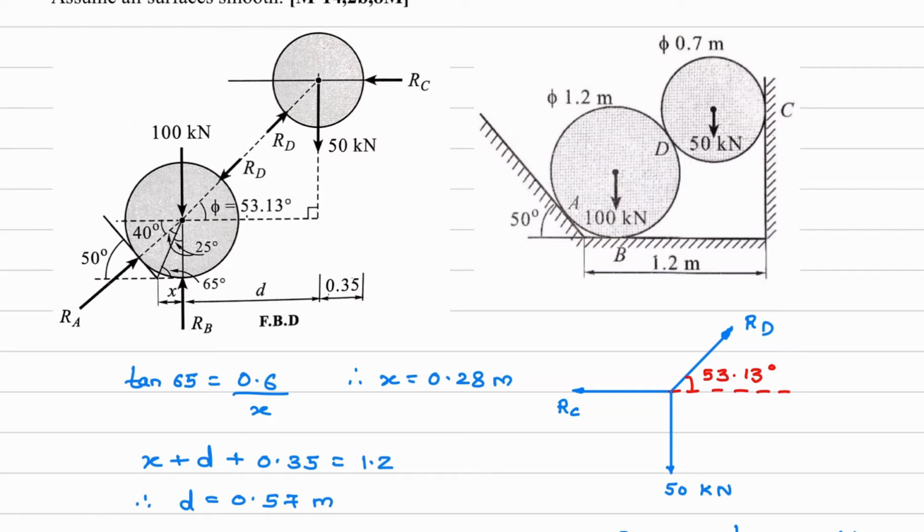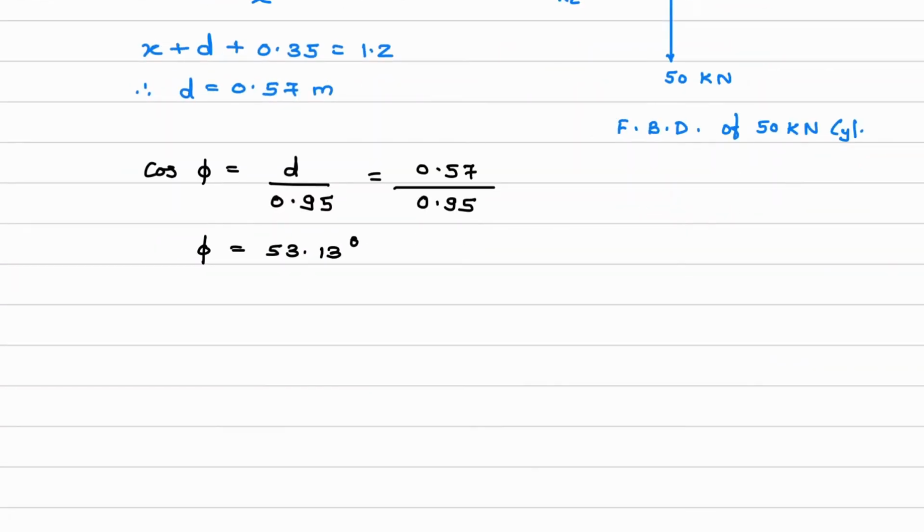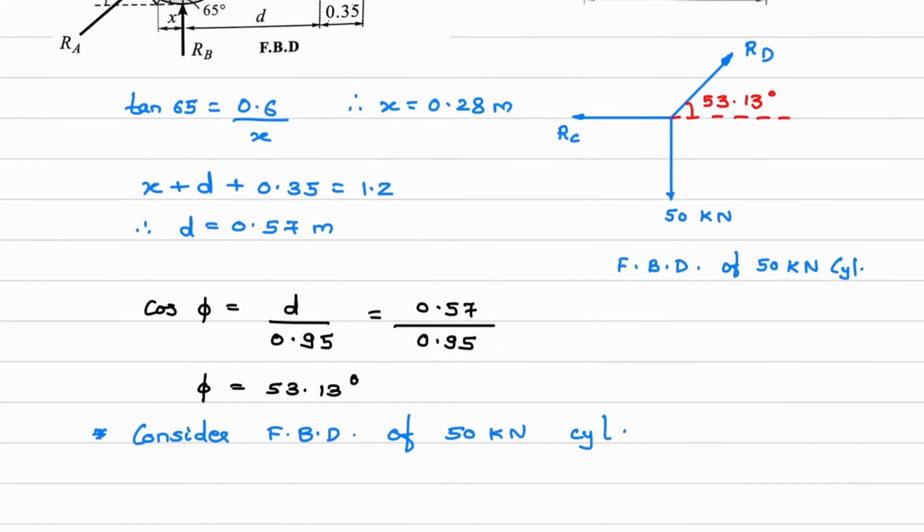Now after considering this, I will write down: consider the FBD of the 50 kilonewton cylinder. We are considering this FBD.